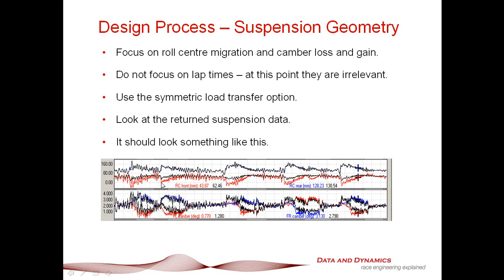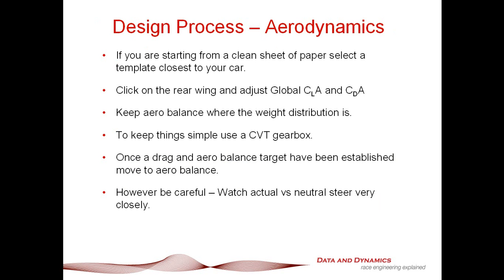As you can see with the black, with the new change, I focused on minimizing roll center migration and also minimizing camber losses as well. That really is a good tool that you can use for the design of your suspension geometry.